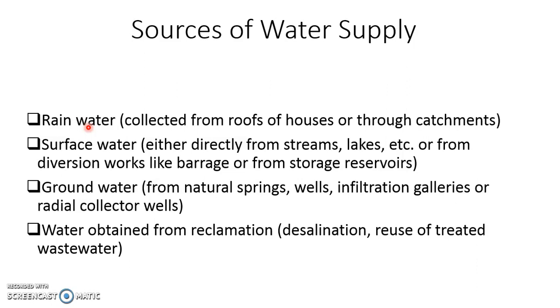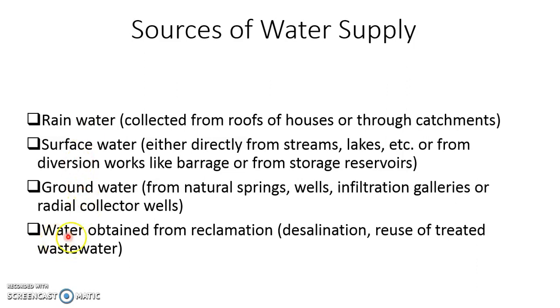And IIT Bombay gets its entire water supply from that Powai Lake. So what is this Powai Lake? This is also a type of catchment. Rainwater is being collected and that rainwater is being used as potable water. So this is also a source of water supply.